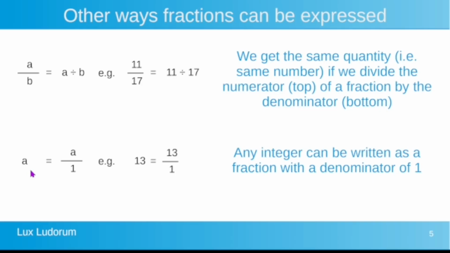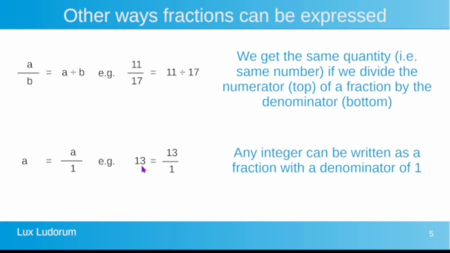And here we see that any number such as a can be written as a over 1. So this a is not a fraction, but written like this, a over 1, it is a fraction. Of course, a divided by 1, and we've just been through that, is equal to a.